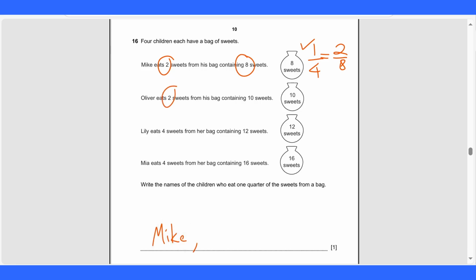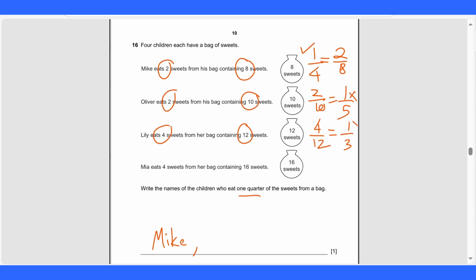What about this one? 2/10. It simplifies into 1/5. So it's not a quarter. 4/12. It simplifies into 1/3. So it's not a quarter. 4/16. It simplifies into 1/4. So this is included, Mike and Mia.